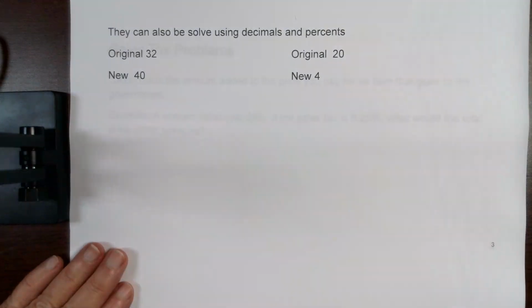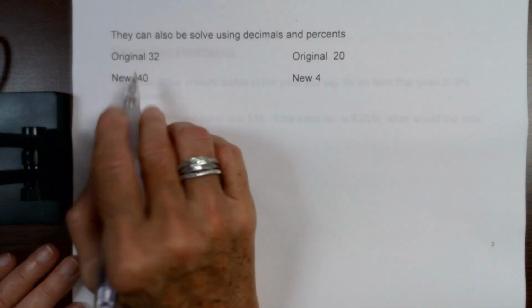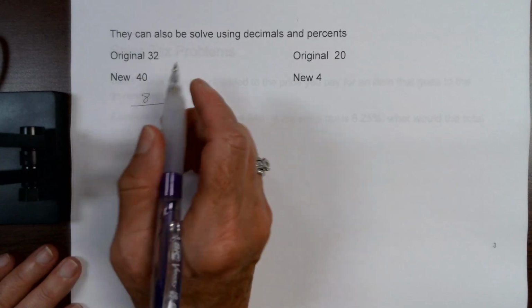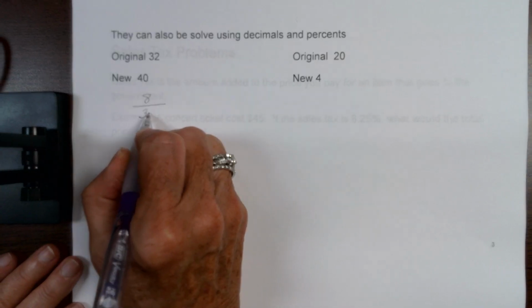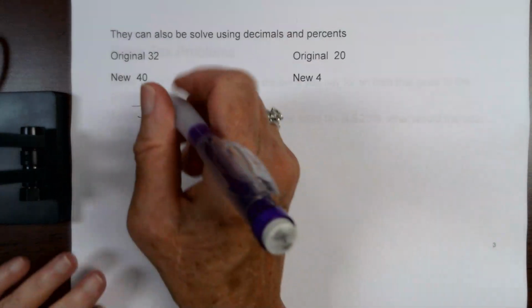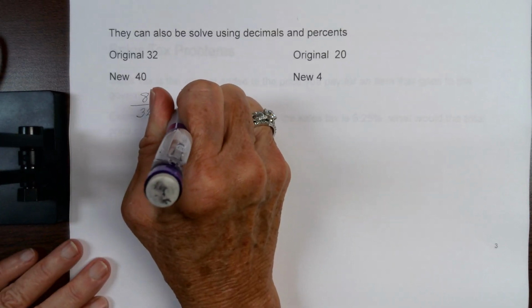Now, there's another way to do these rate of change problems, and you can do it either way. Again, I'm going to use the same formula. The difference between those is 8. That's my change. My original is 32. I can, again, reduce these, and that's going to give me a 1 over 4 here.